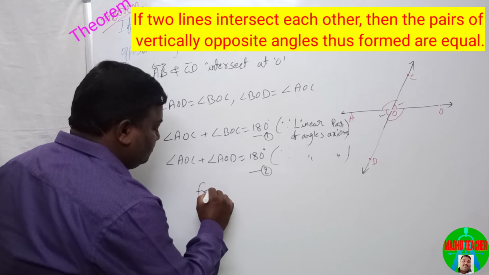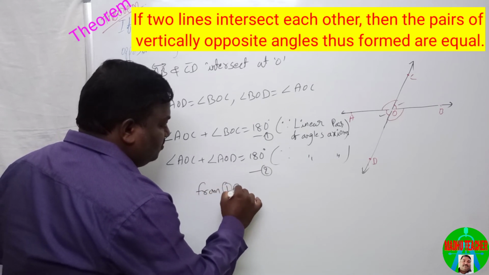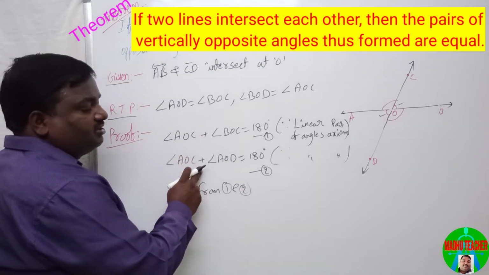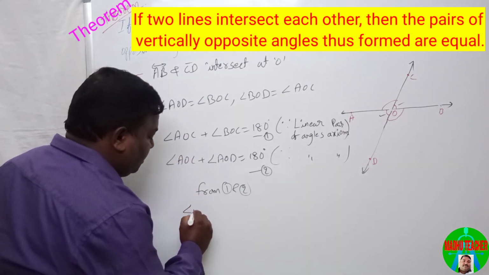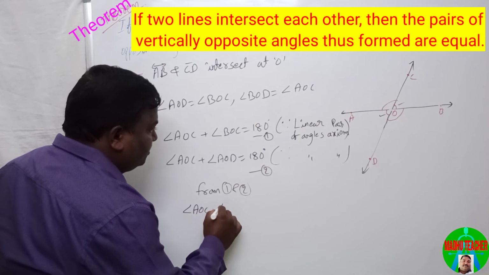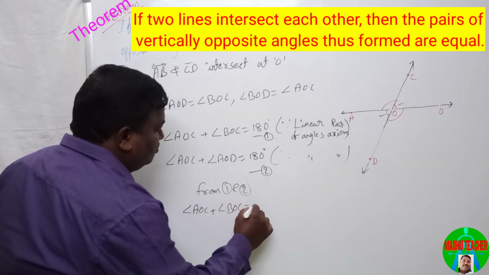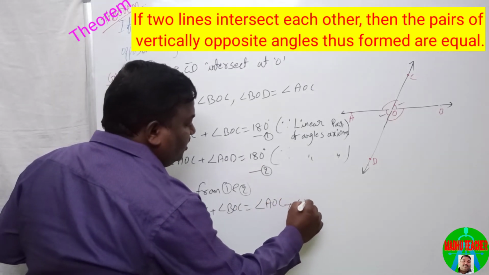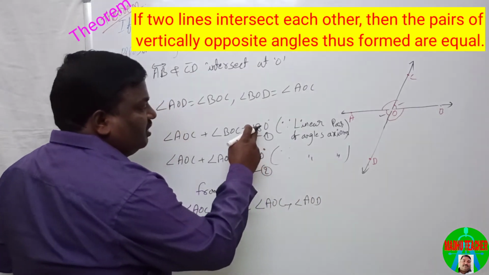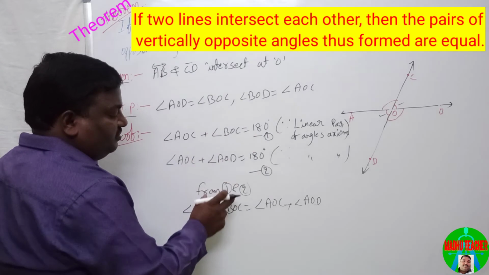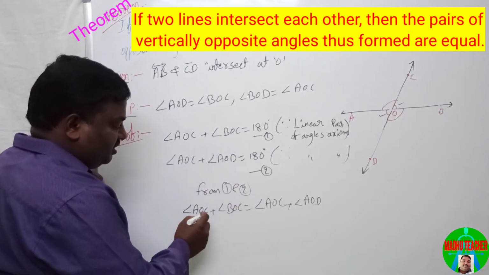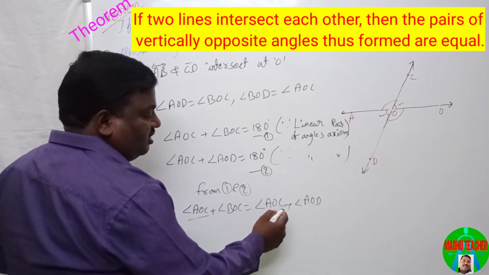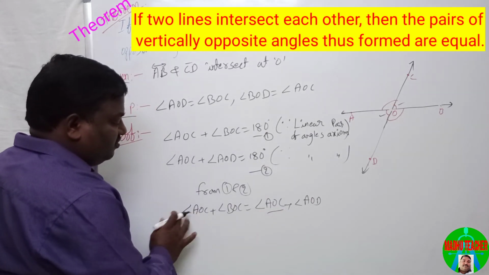From the first and second equations, we have the same RHS. Therefore, the LHS should be equal. That is, angle AOC plus angle BOC equals angle AOC plus angle AOD. On the LHS we have AOC and on the RHS also we have AOC.